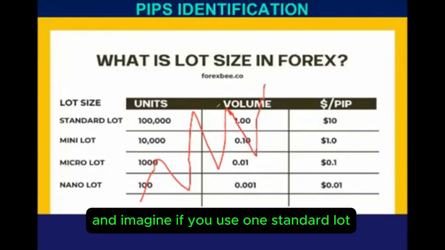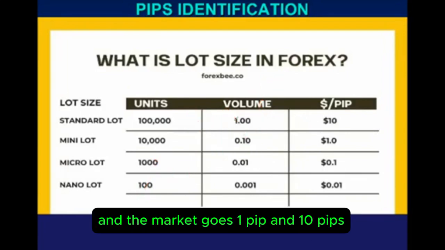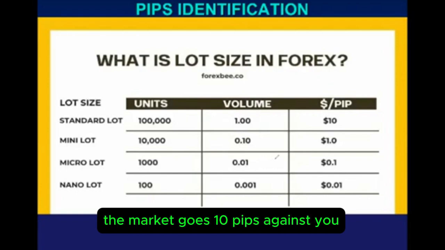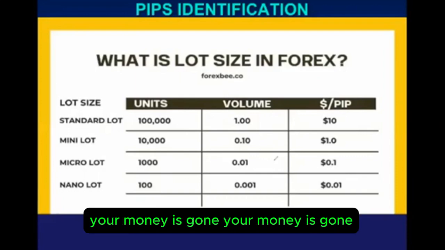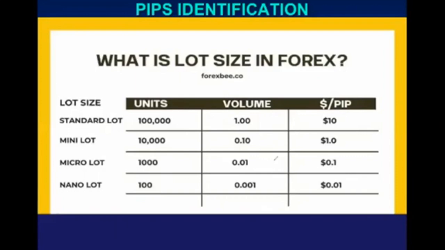And imagine if you use one standard lot and the market goes 10 pips against you. Oh, in a twinkle of an eye, your money is gone.